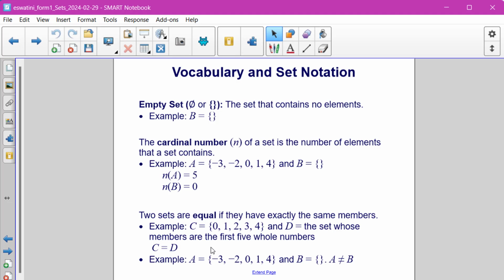Because whole numbers begin at 0 and then continue to increase by 1. Here's another example. We have our set A, which is -3, -2, 0, 1, and 4, and set B is our empty set. Here, A is not equal to B because they do not have the same exact elements across both sets.